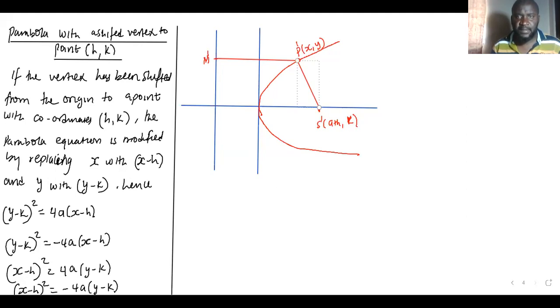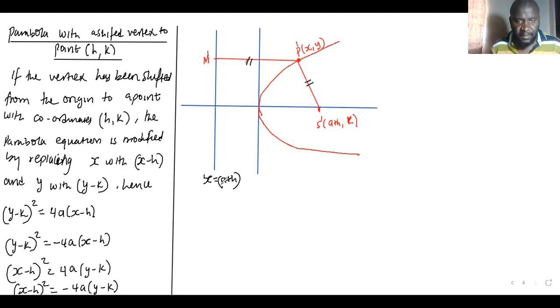With this, these distances are the same. Remember, we said this distance has to be the same as that one. So the directrix is at the point x = −a + h.